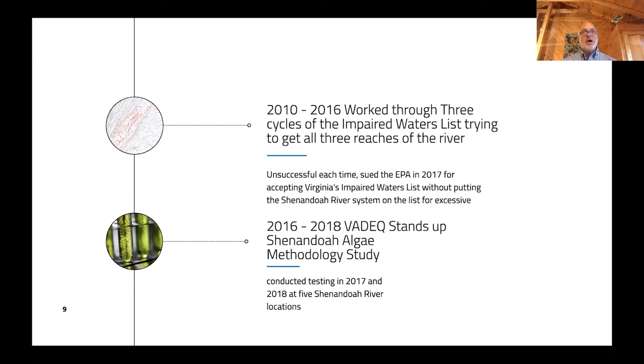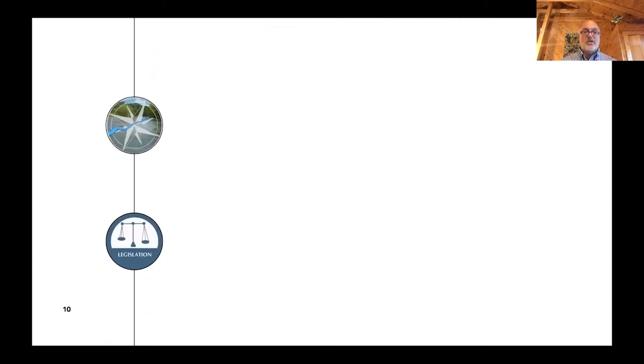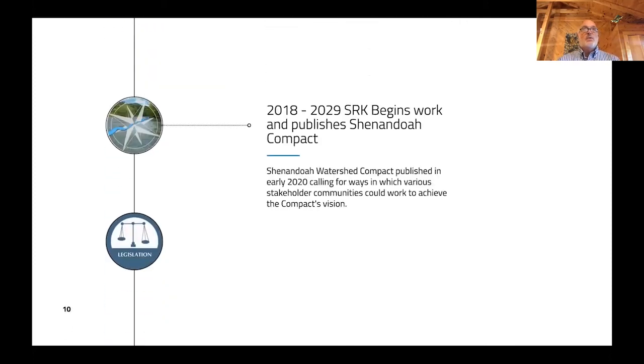And then going on on a parallel track with that, we received a grant from Chesapeake Trust and started developing a vision and a roadmap to protect the Shenandoah watershed for future generations. We brought in stakeholder community groups, from fishing guides and tourism bureaus to state and local government to the agricultural community.